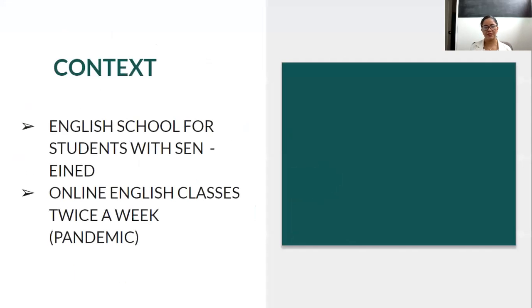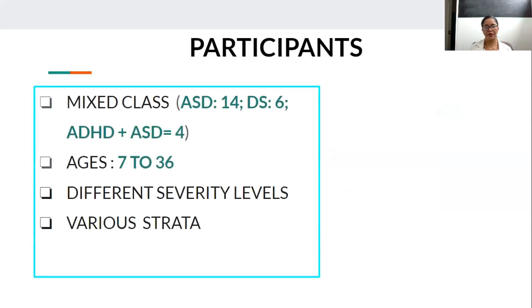So the context, as I said to you, is that the students come from a project from Universidad de Caldas called ANED, in which we offer online English classes twice a week because of the pandemic. We have a mixed class of 14 students who have ASD, 6 students with Down syndrome, and 4 students who are double diagnosed with ADHD and ASD.